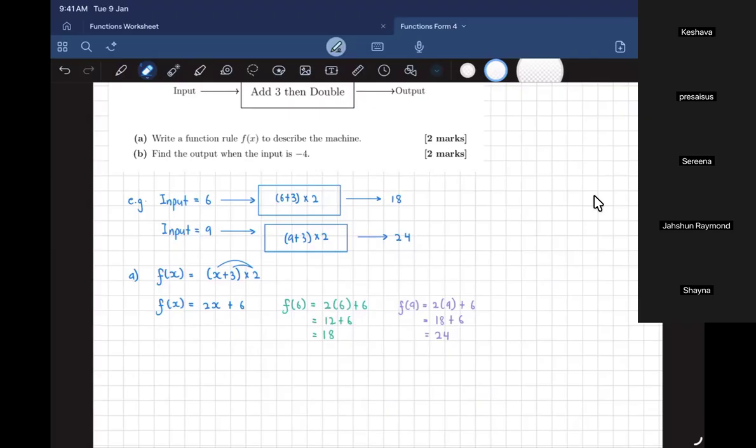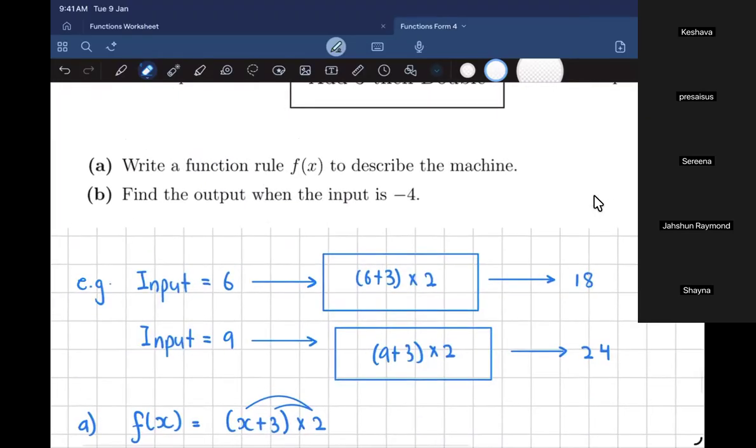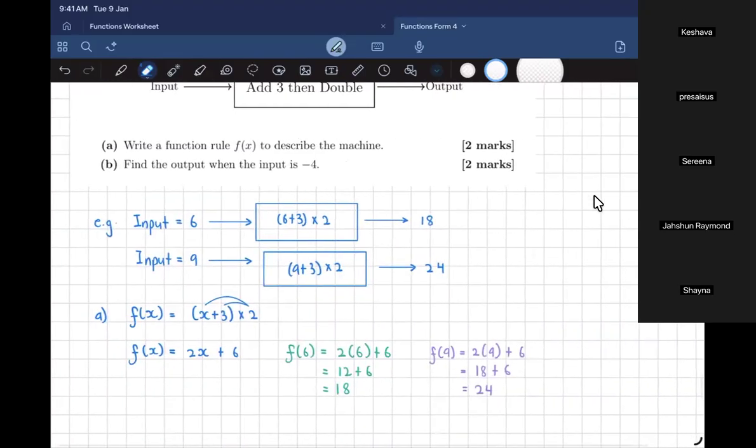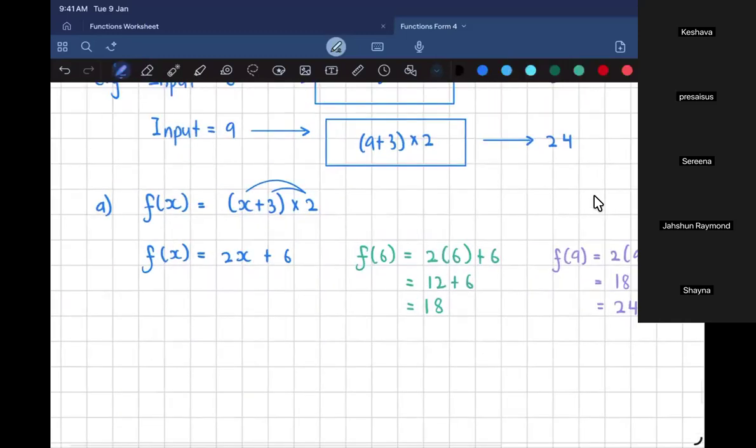Okay. So, part B, they want us to find the output when the input is -4. So, Serena, if you're putting in -4, where's the output? Do we have a function we could plug -4 into? What's the function we could put -4 into? It would be f(x) is 2x plus 6.